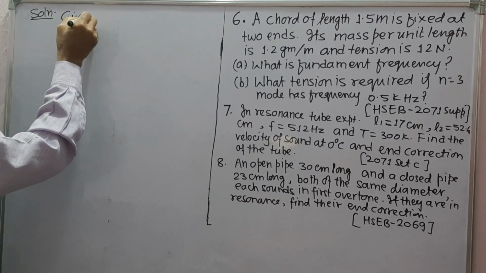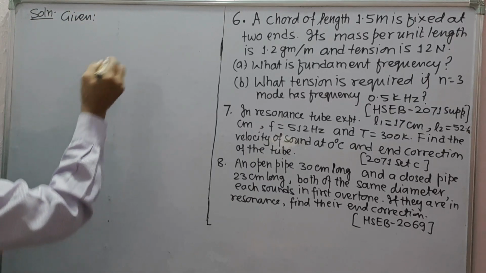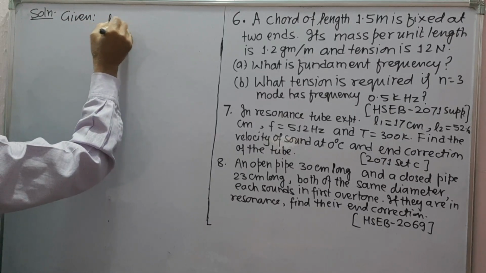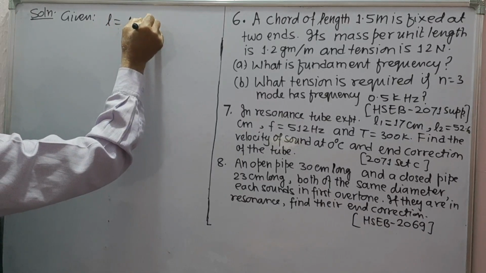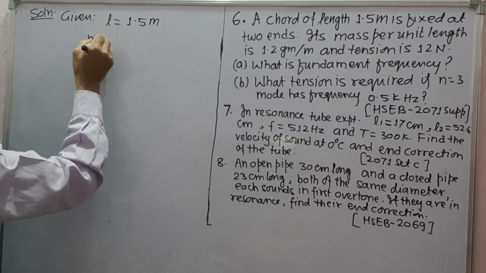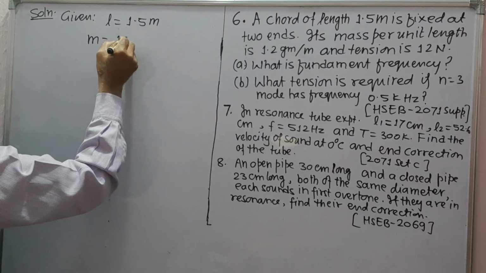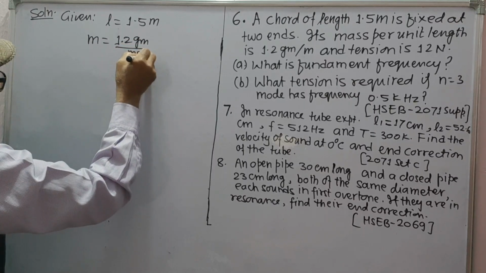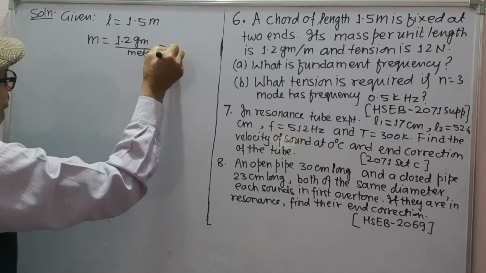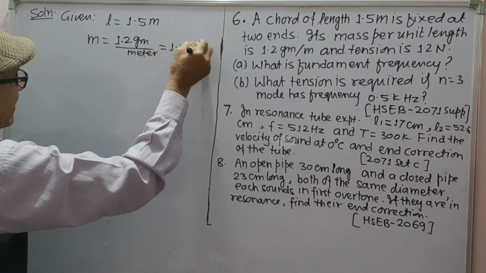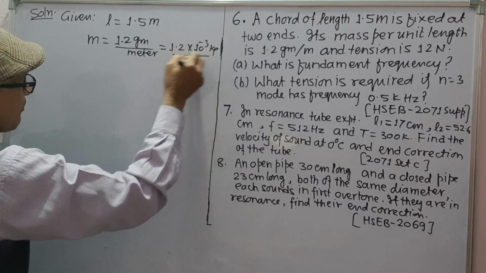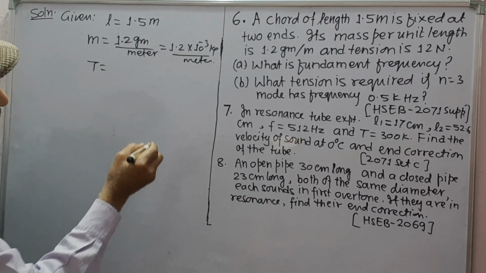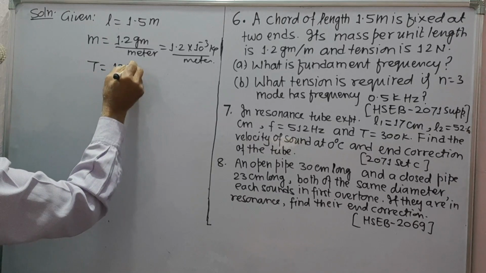Given for the string, L is equal to 1.5 meter, mass per unit length is 1.2 gram per meter, that is 1.2 into 10 to the minus 3 kilogram per meter. Tension is 12 Newton.